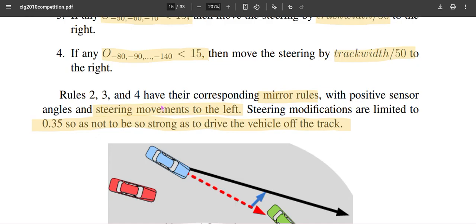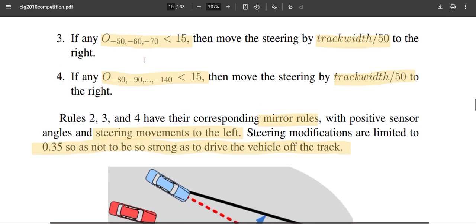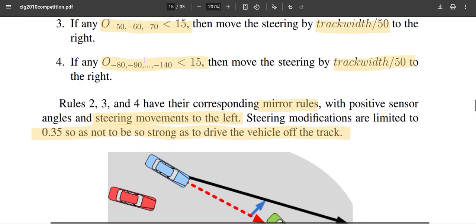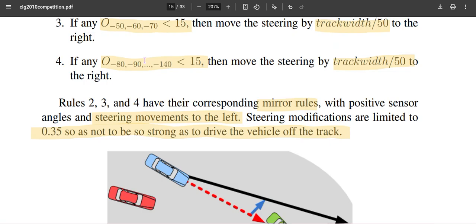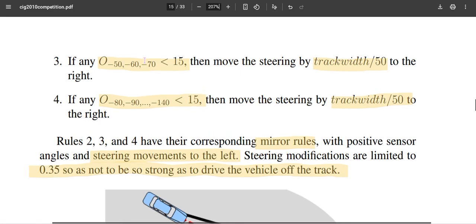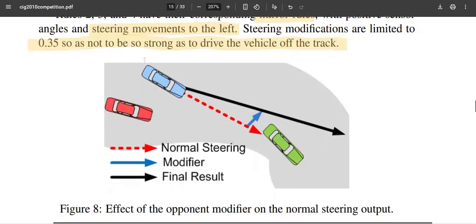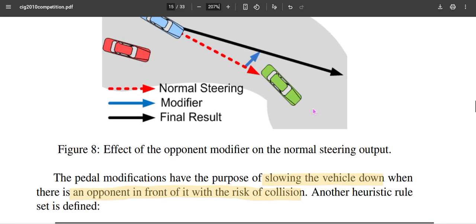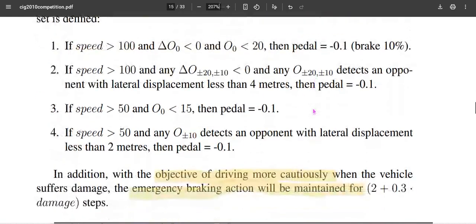These rules have been designed for how to move to the right if there are vehicles located on the left side at different degrees, and similarly if the vehicles are located on the right side, how to steer towards the left based on the different locations of the opponents. So this has been clearly defined in this figure. If there is a vehicle here, slightly to the right side, then we have to steer to the left by this amount, and we make a collision-free forward movement.